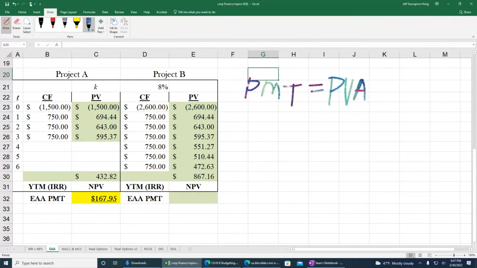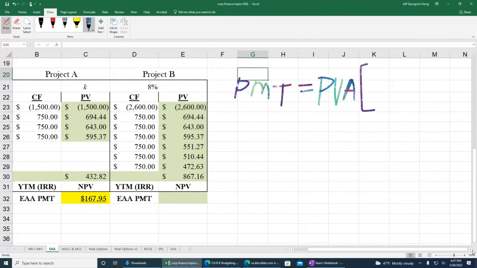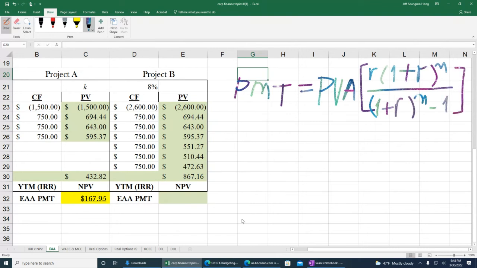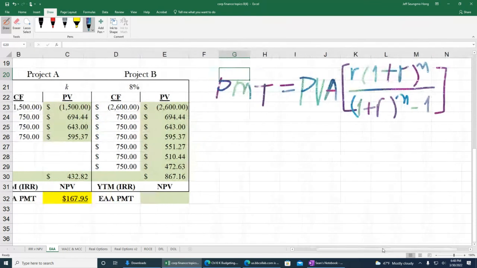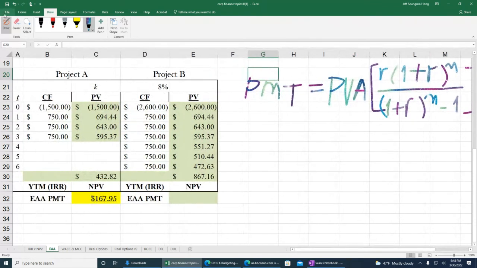PVA times r times 1 plus r raised to n over 1 plus r raised to n minus 1. Okay, so refer to that formula and it will be, so I got this. Okay, I'll have to close that.